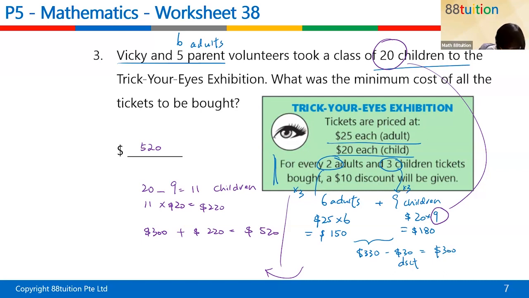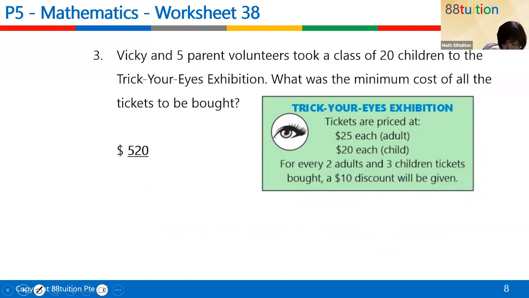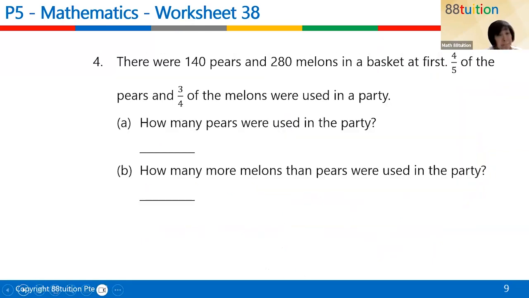Okay. If no one were to stop me, I will just proceed with the pace I am going. Okay, good. The next question is about different entities, different fractions, and this one is not difficult.